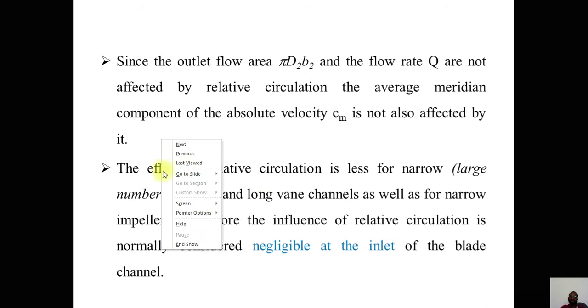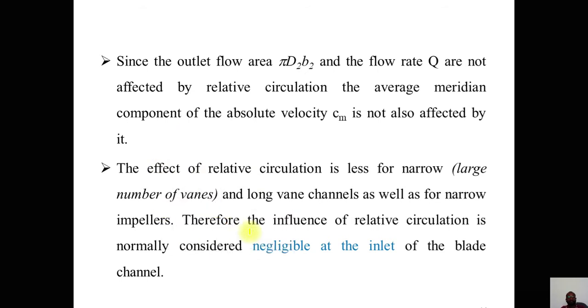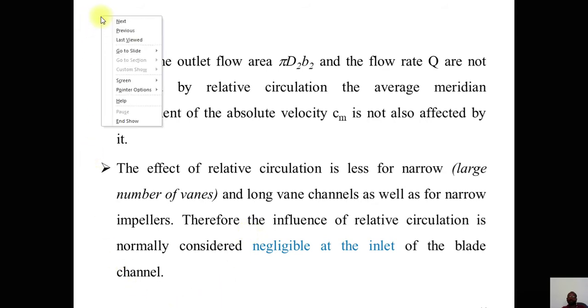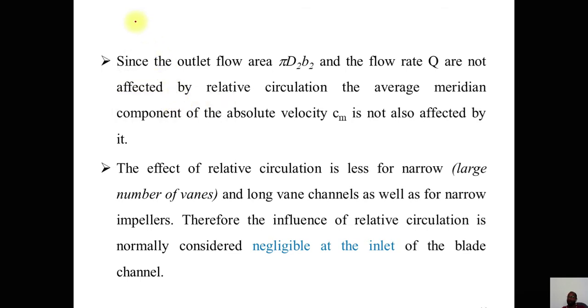What about the parameters considered during the design of turbo machines? Whenever you design turbo machines, you consider the material and the parameters. First is capacity, which you can also call flow.